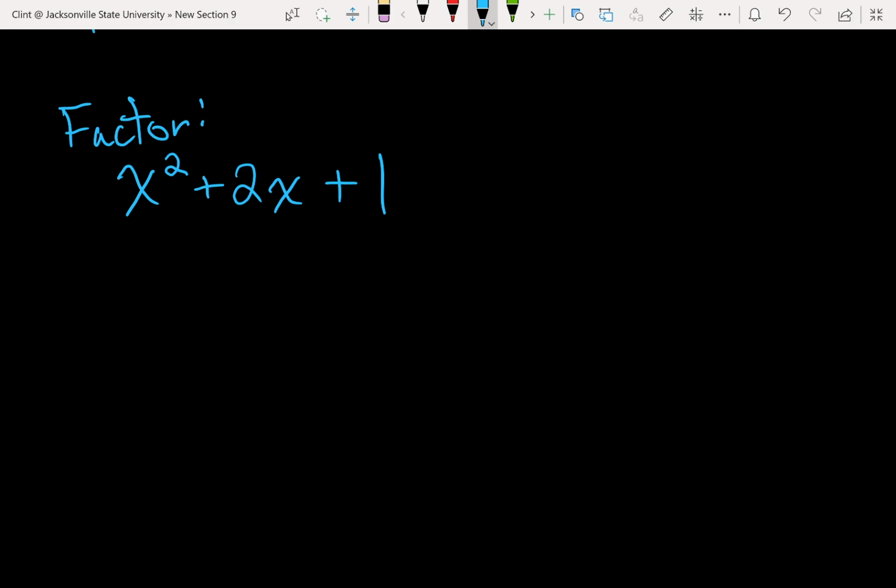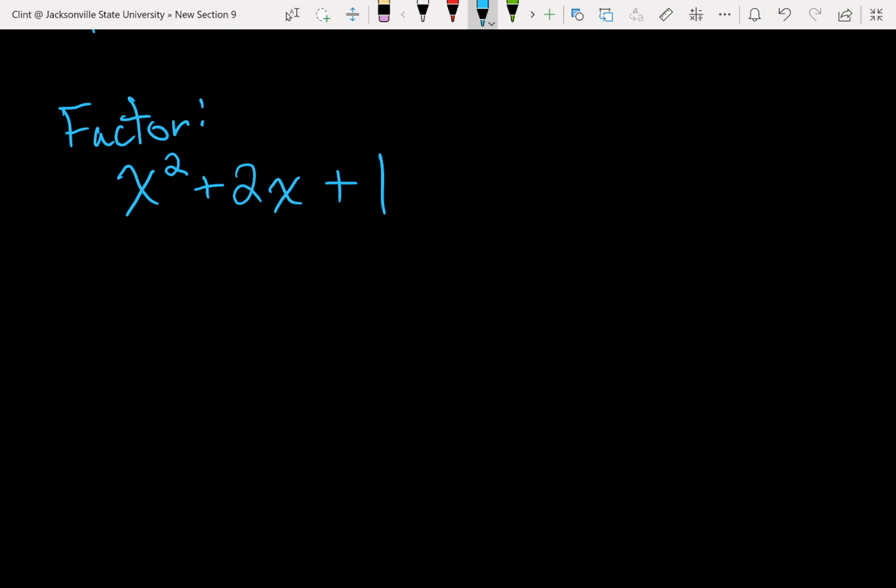We want to get two things, factors, that we multiply together to give us x squared plus 2x plus 1. Anybody remember what that one's going to be right off?